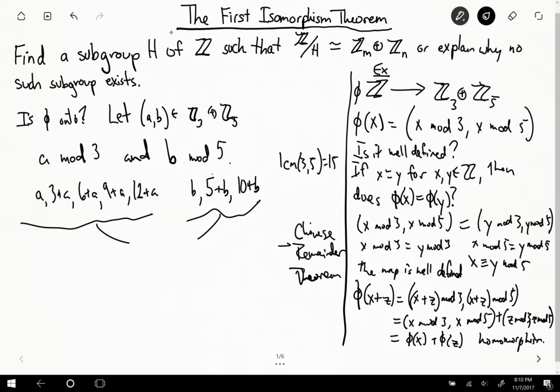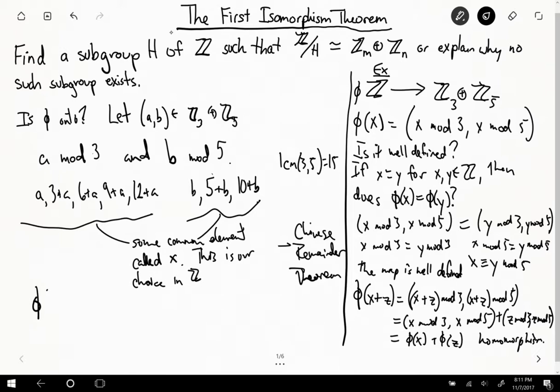Okay, and wherever that occurs, some common element, called x, this is our choice in the integers.